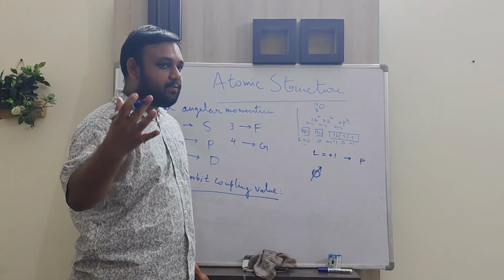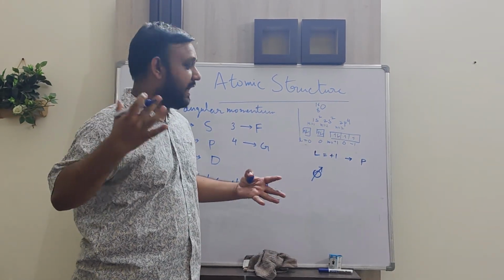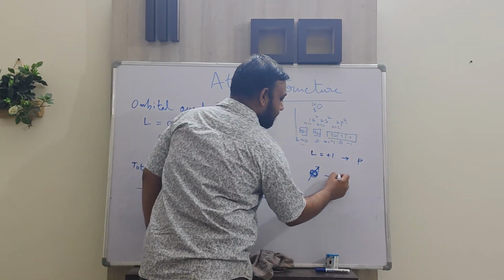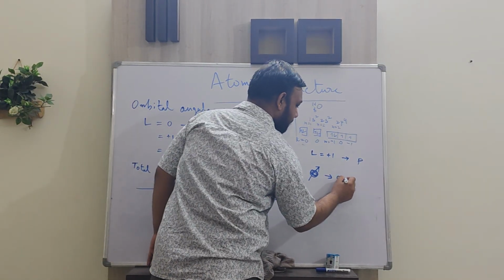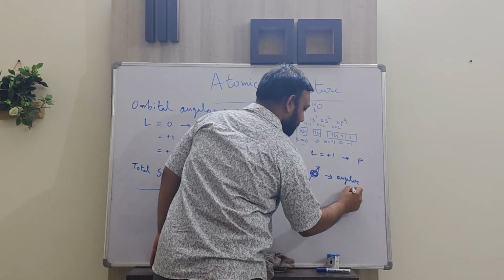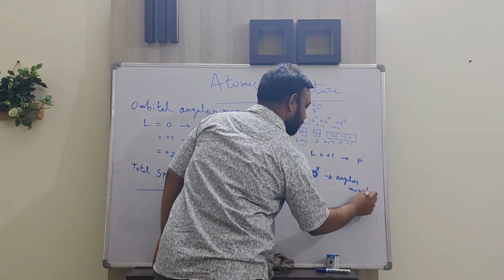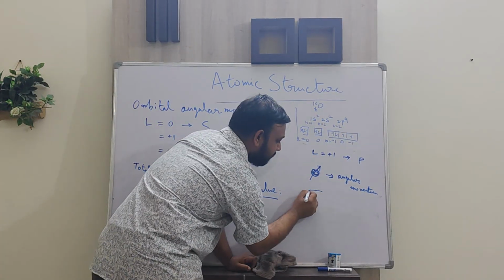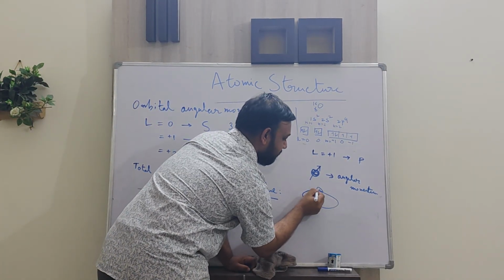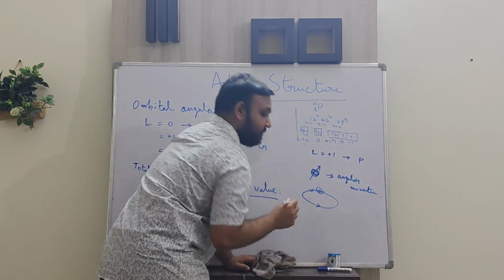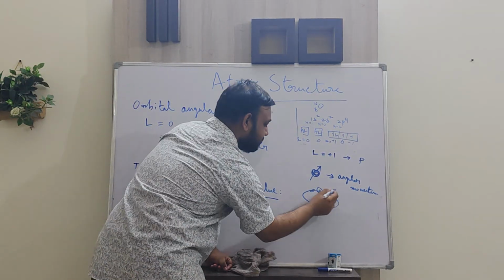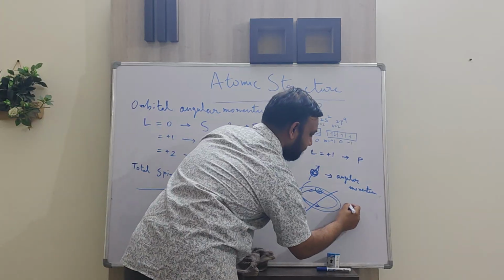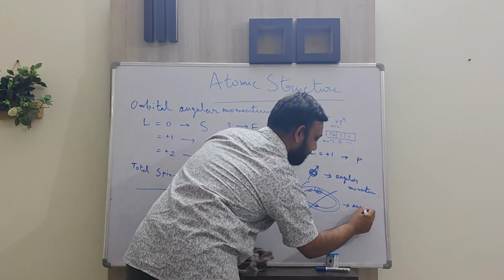That is an intrinsic property. We don't know how it looks, but we know that because of that electronic spin we are getting an angular momentum, right? Also, electrons are rotating in an orbital. So because of that rotation, it is also creating another angular momentum.